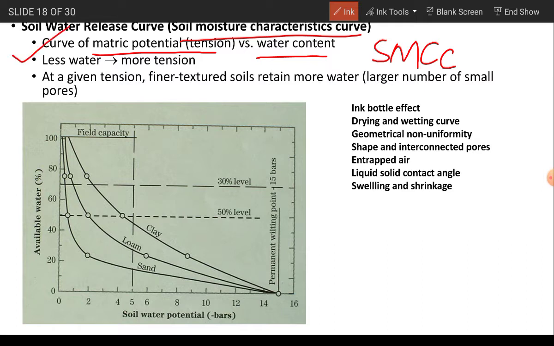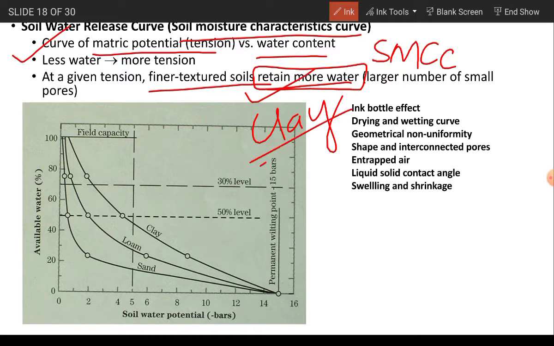If there is less water, then there is more tension, which means the plant has to spend more energy for deriving water. At a given tension, finer textured soils retain more water. As I told, clay particles retain more water. So this is the curve.